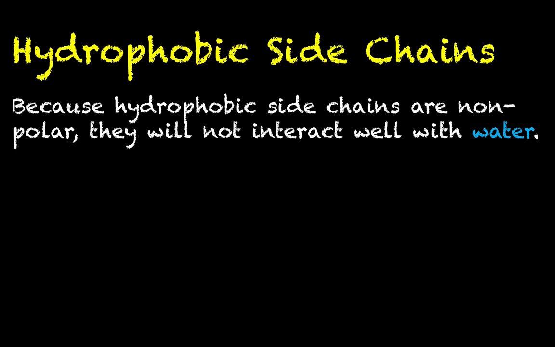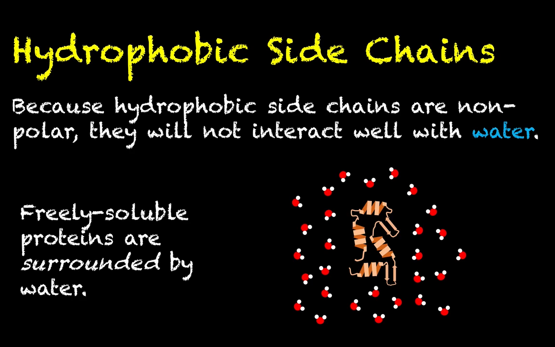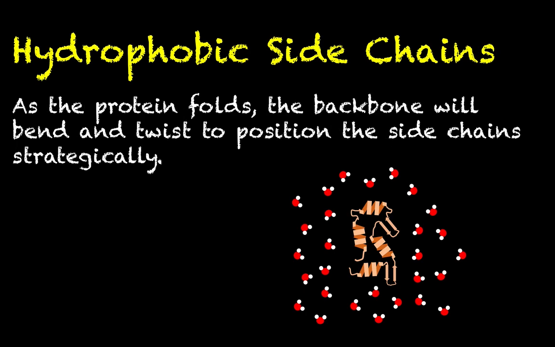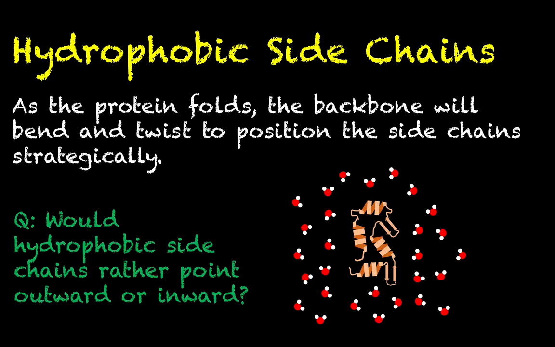Remember, the word hydrophobic literally means water-fearing. So the hydrophobic side chains, because they are carbon-hydrogen heavy and because they are nonpolar, are not going to interact well with water. The thing to also remember is that a freely soluble protein will be almost completely surrounded by water. So as the protein folds, the backbone is going to bend and twist to position all of the side chains strategically.